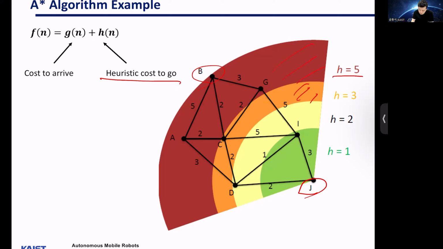In this area, we're going to set H equal to 3. Here, H equals 2. And in this region, H equals 1, just based on distance. Okay, it may or may not be very accurate cost to go, but let's see how it works out.